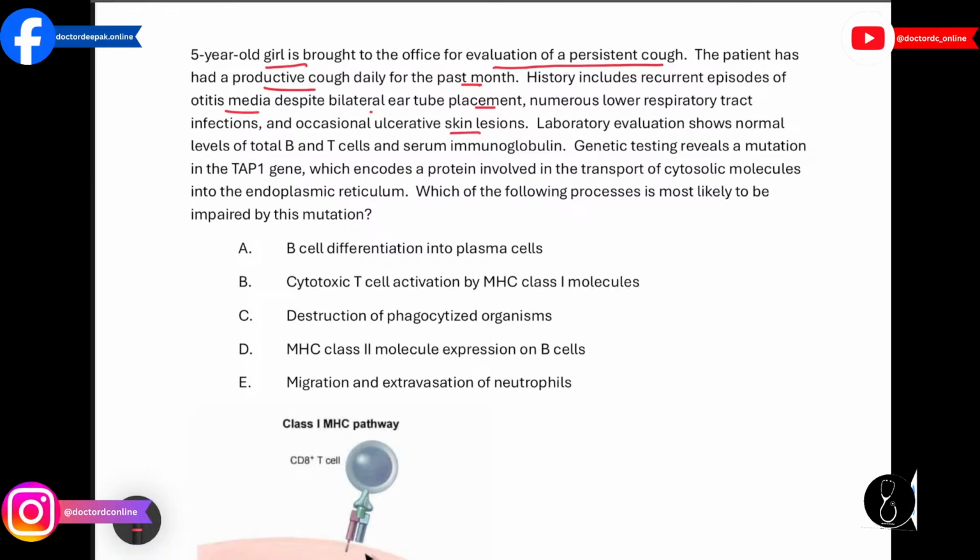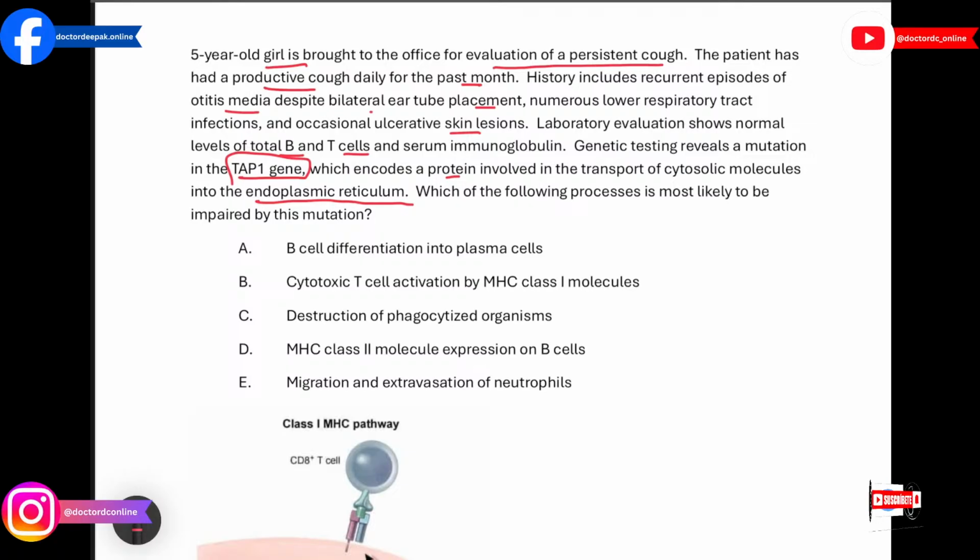The laboratory evaluation shows normal levels of total B and T cells and serum immunoglobulins. Genetic testing reveals a mutation in the TAP1 gene, which encodes a protein involved in transport of cytosolic molecules in the endoplasmic reticulum. Which of the following processes is most likely to be impaired by this mutation?